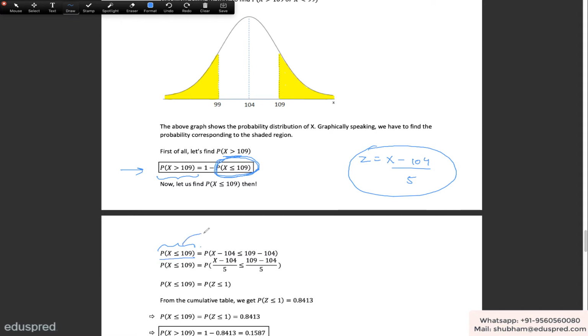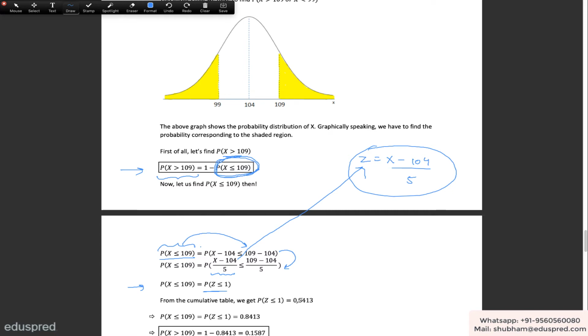Basically I subtracted 104 from both sides, and then I divided both sides by 5. This thing that you see over here is nothing but z. So ultimately the expression boils down to the probability that z is less than or equal to 1.